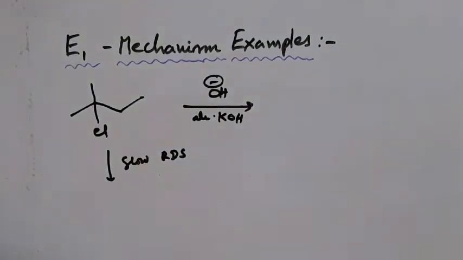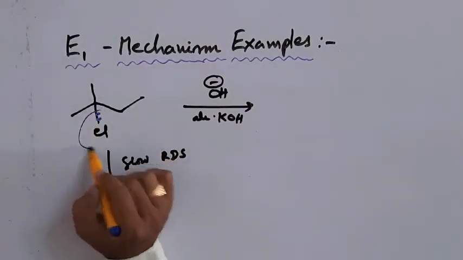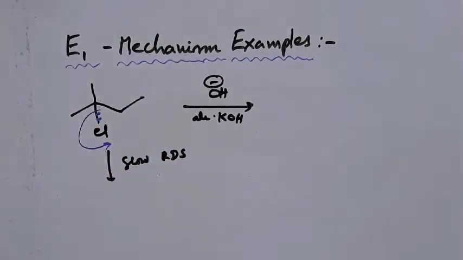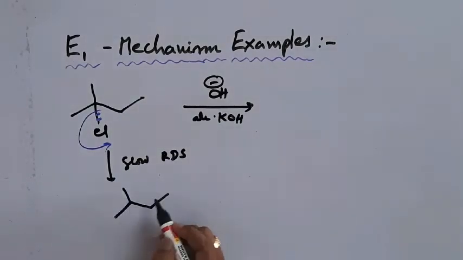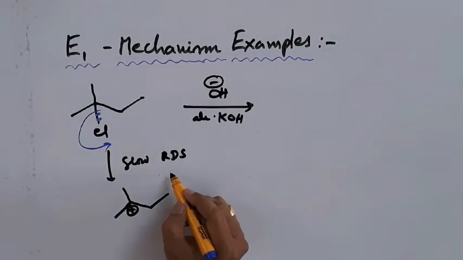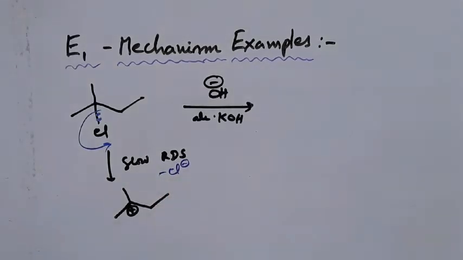We all know pretty well that there are two electrons in a bond, and heterolytic cleavage leads to the formation of ions, and I am going to get a tertiary carbocation intermediate like this. With the elimination of which ion? The chloride ion is removed like this. Okay, fine.